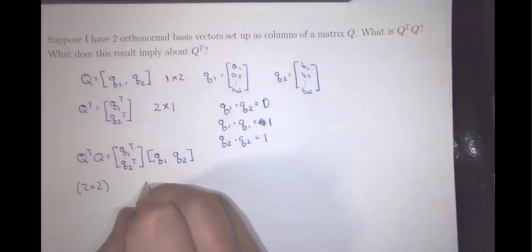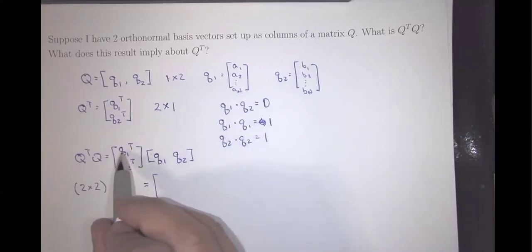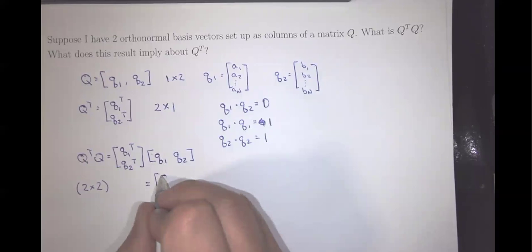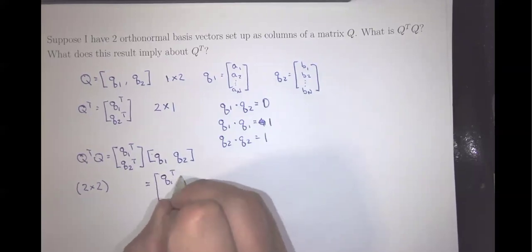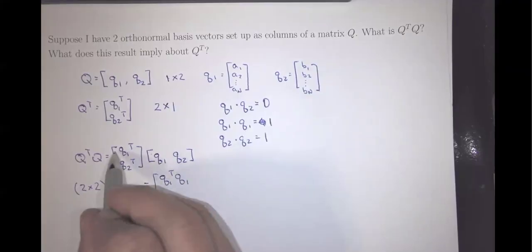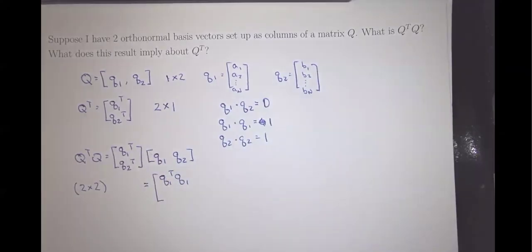That result is going to be what I get when I multiply this row by this column. So it'll be Q1 transpose times Q1, right? This row dotted with that column.